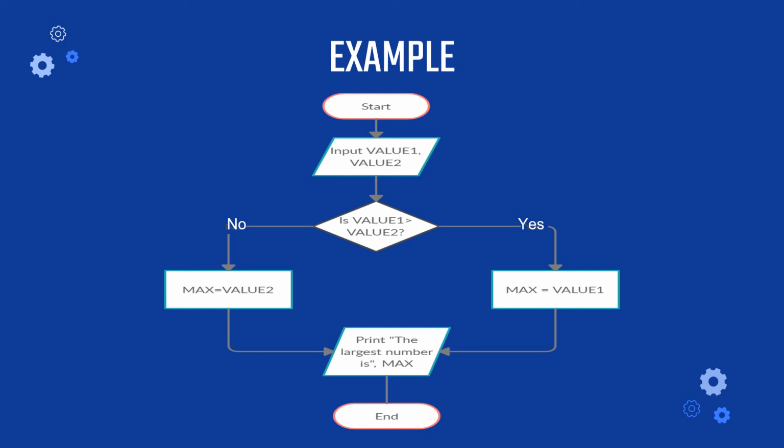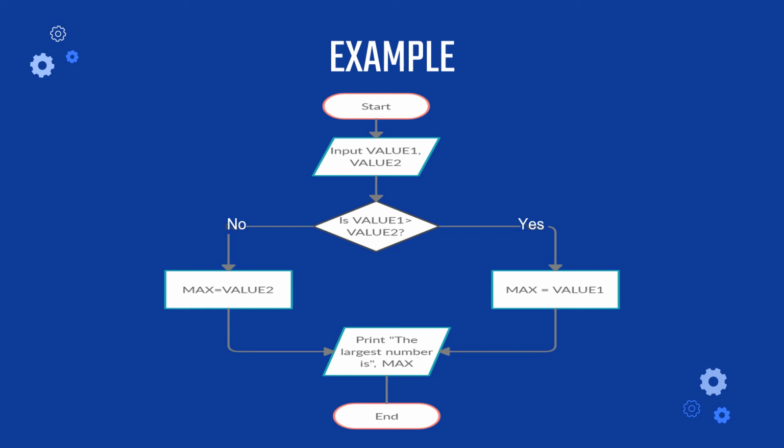So, ito. Is value 1 is greater than value 2? Pag tinagalog, mas mataas ba si value 1 kaysa kay value 2? Kapag tama, ibig sabihin, pag mas mataas nga si value 1, pag nag-yes siya, ibig sabihin, yung maximum natin is magiging value 1. So, maximum is equals to value 1.